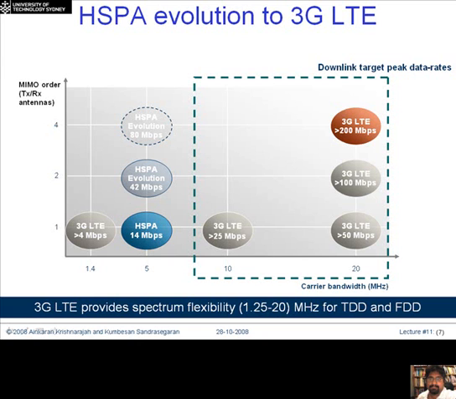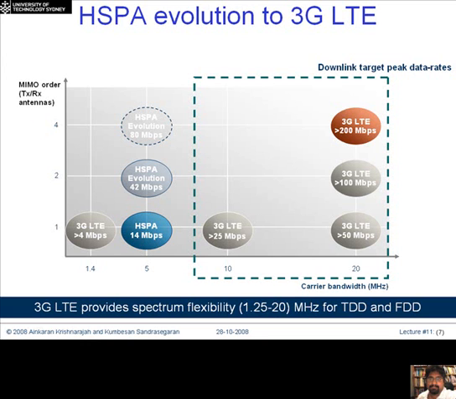For example, if you take HSPA with standard 14 megabits per second using a 5 megahertz carrier bandwidth, and employ two transmit antennas and two receive antennas, you can push that from 14 megabits per second to 42 megabits per second.